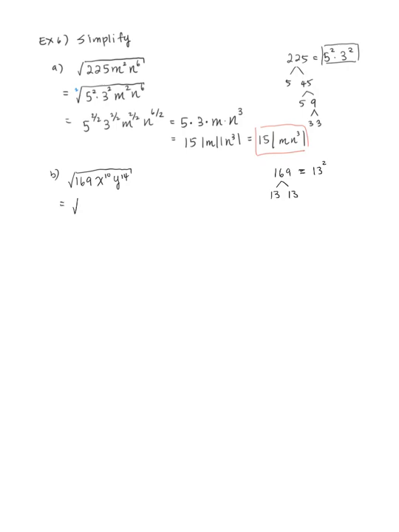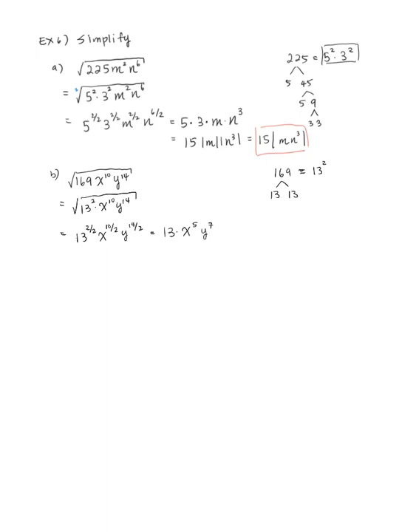So this is the same thing as 13 squared times x to the 10, y to the 14th. Okay, I'm going to use my trick. So this is the same thing as 13 to the 2 over 2, x to the 10 over 2, y to the 14 over 2 because you're given the square root. So this is just going to be 13 times x to the 5th and then y to the 7th.